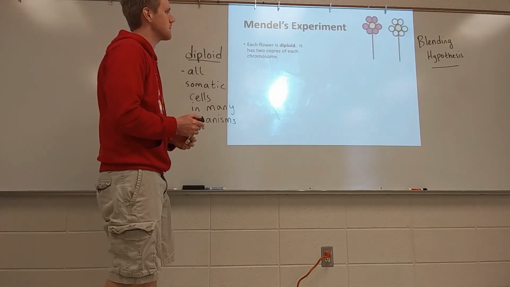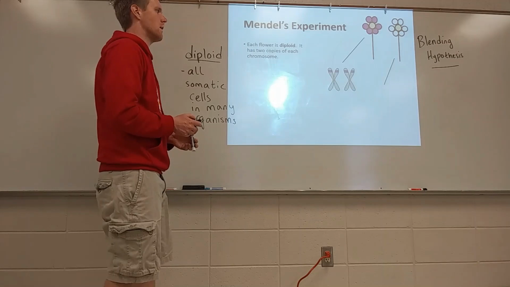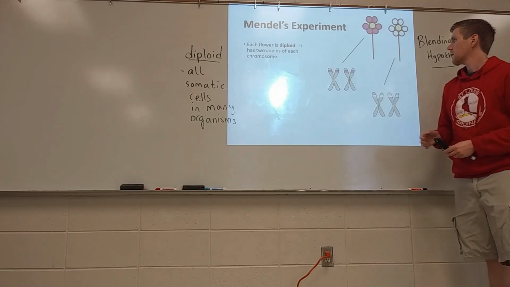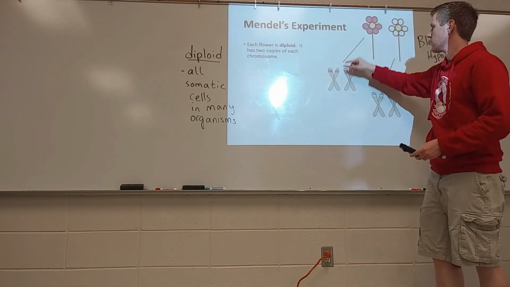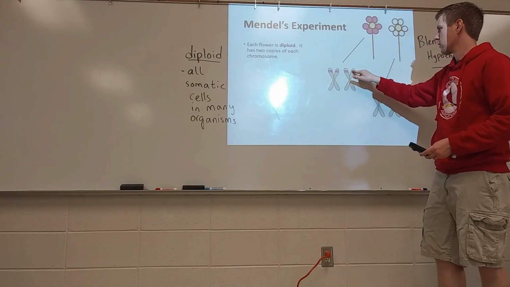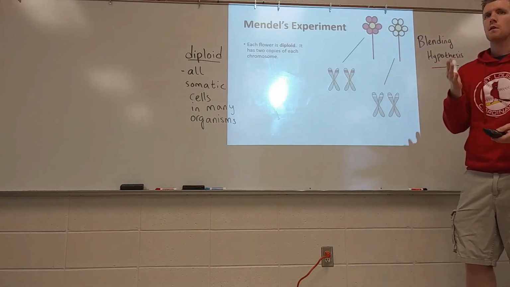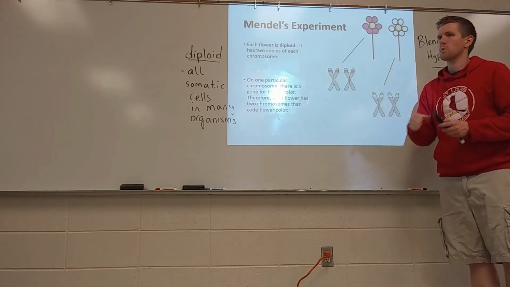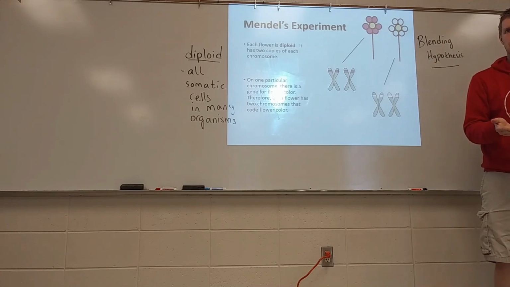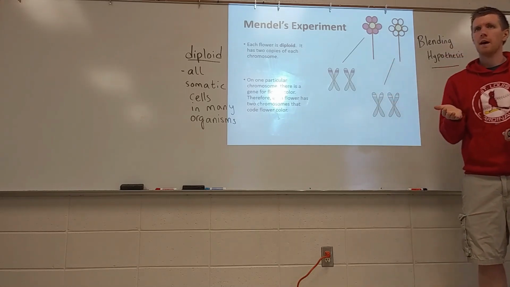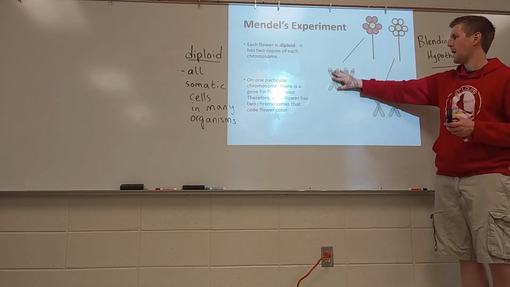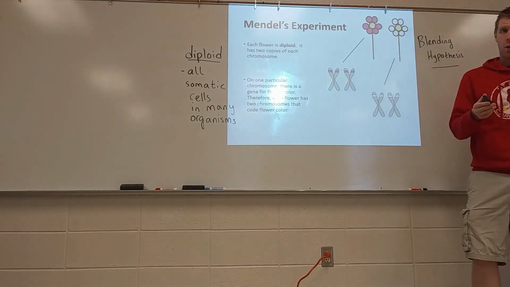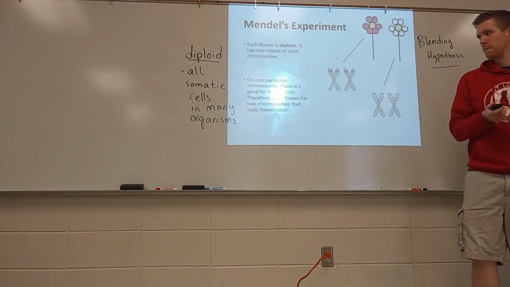There's our flowers. Purple one, white one. These X-shaped structures are chromosomes, right? And notice how purple flower has this particular part on the chromosome that codes for a particular gene for flower color. So, on one particular chromosome, you've got 23 pairs of chromosomes. I don't know how many pairs pea plants have, but on one particular pair of them, there's going to be a section that has the gene for flower color.